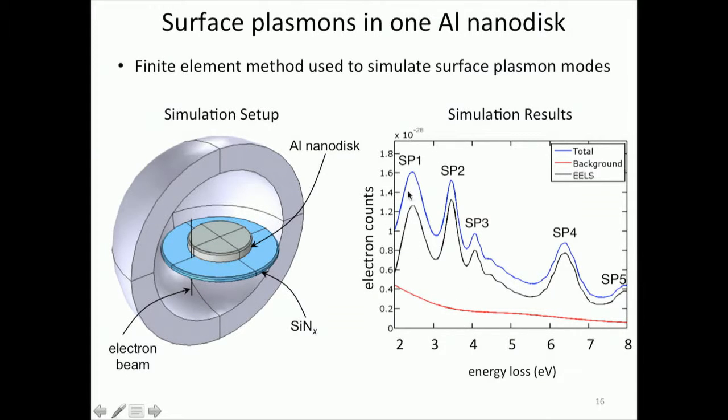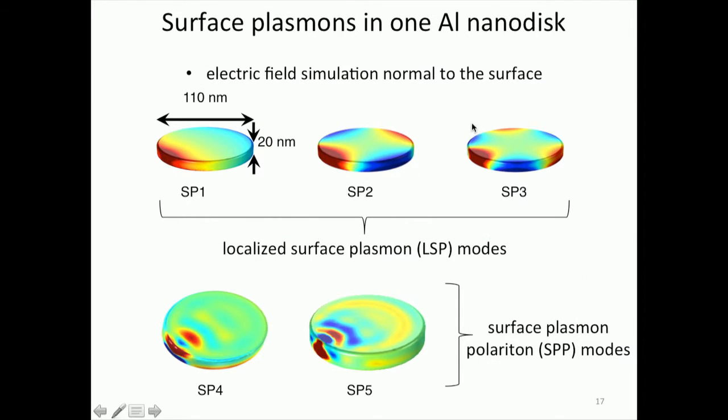Here we see SP1, 2, 3, 4, and 5. We see from the simulation 5 different surface plasmon peaks. But here still we cannot tell exactly the nature of these peaks. Because we did the simulation, we can also plot the electric field normal to the surface.